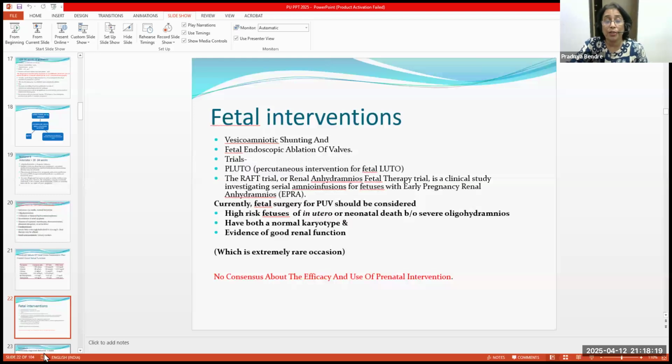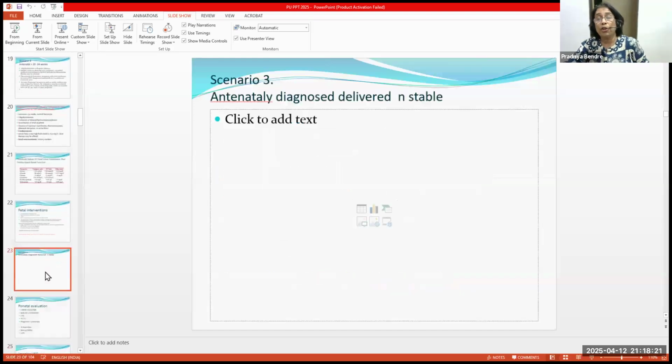Recently in 2024, a review article has been published by Michael Harrison, who is the father of fetal medicine, and this article has given long term follow up of the patients who have been intervened, and there is no significant difference in renal outcome.